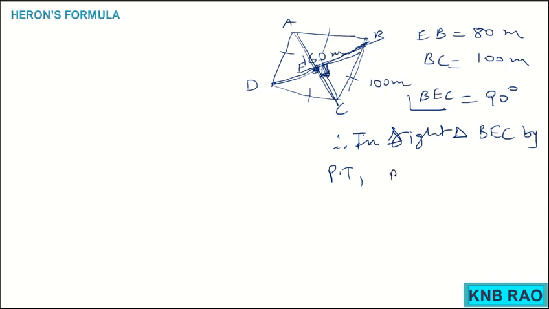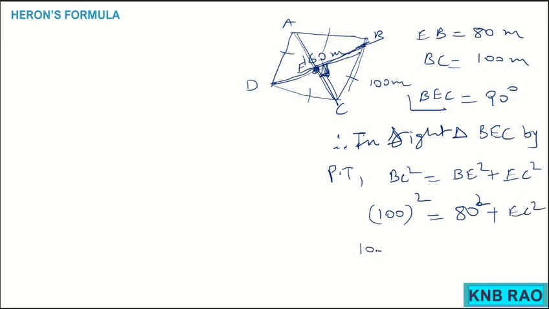BC square equals BE square plus EC square, where BC square is 100 square equals BE square is 80 square plus EC square. So 10,000 minus 6,400 is EC square. Therefore EC square is 3,600. It implies EC is 60.